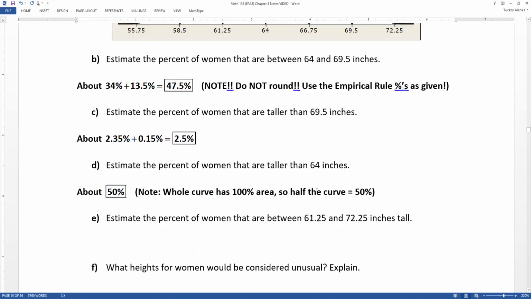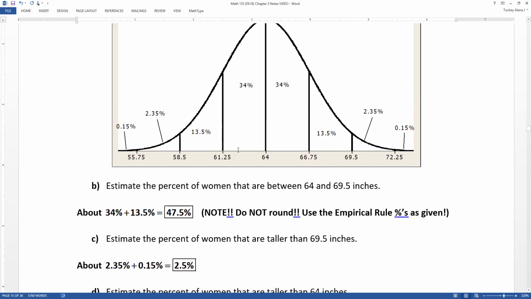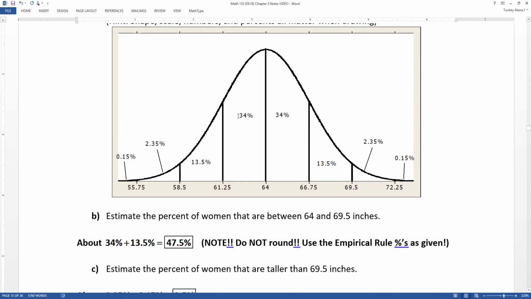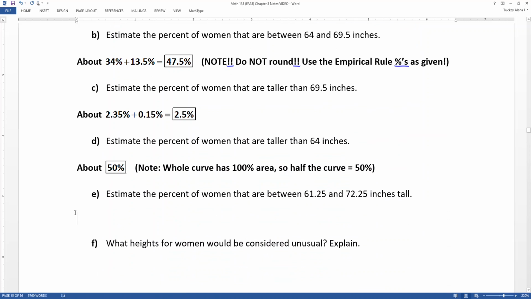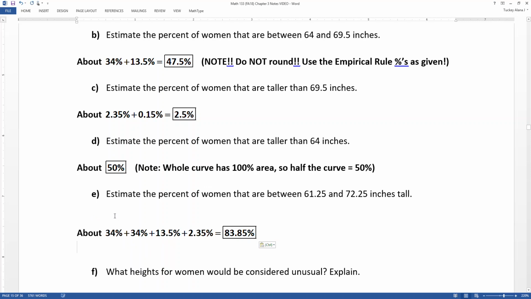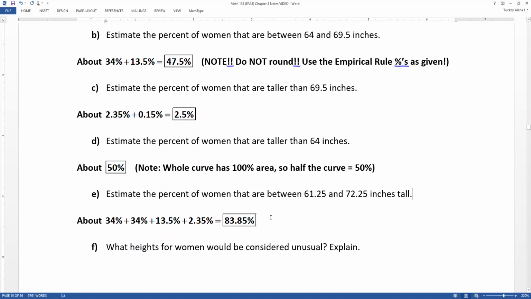Now, this is the trickiest of all, between 61.25 and 72.25. So that'd be 34, 34, 13.5, and 2.35, and we stop right there because it's between. You don't want to include the 0.15 because the 0.15 is past 72 inches tall. So we want to add up 34, 34, 13.5, and 2.35, and that leads us to 83.85.